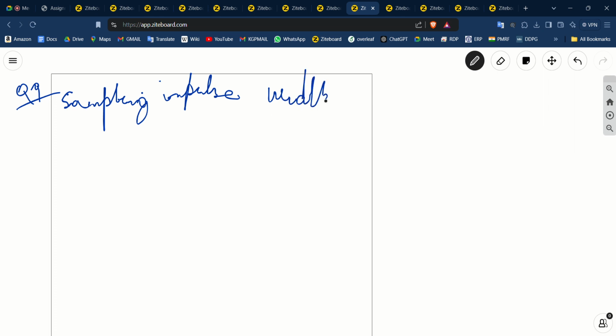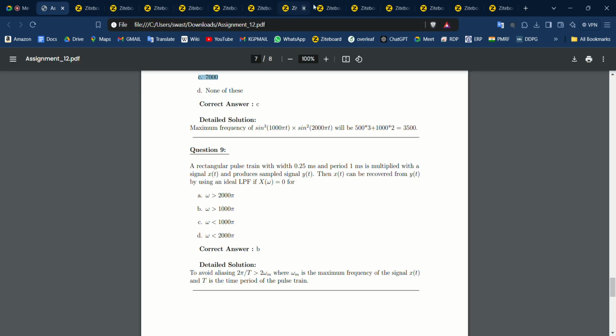in question 9, the impulse width is given to be 0.25 millisecond.